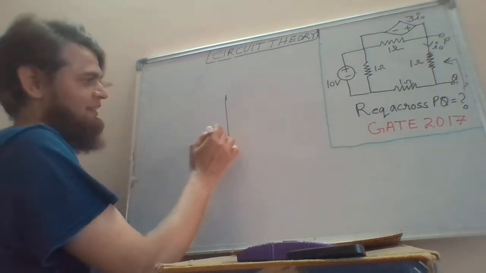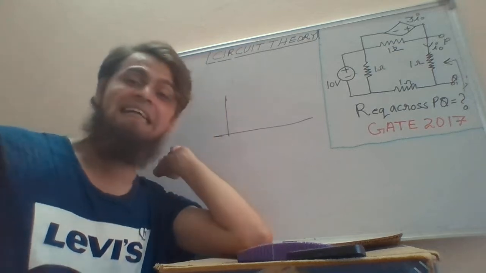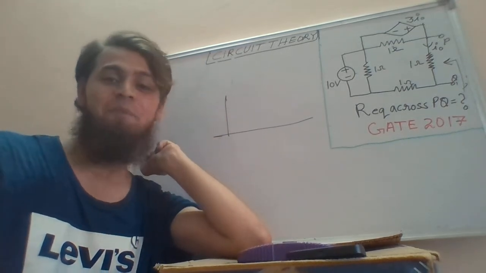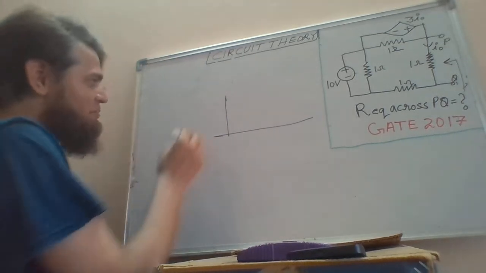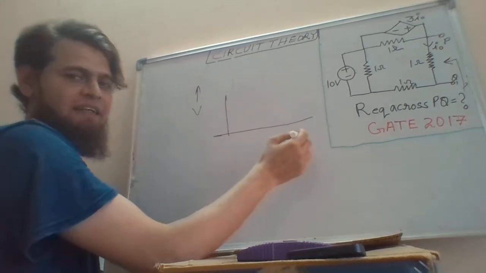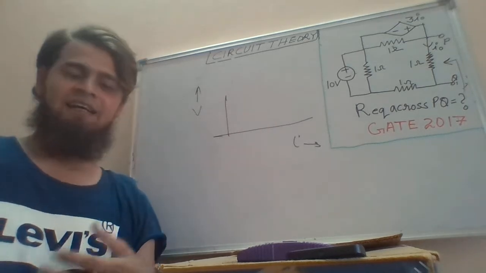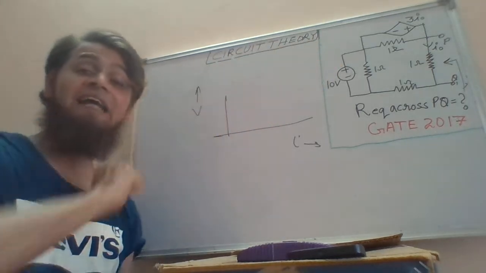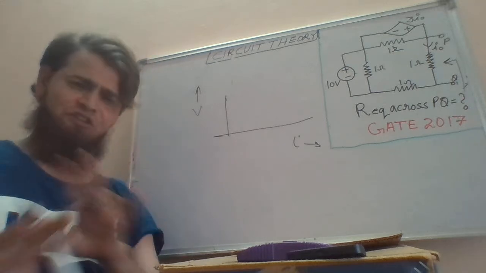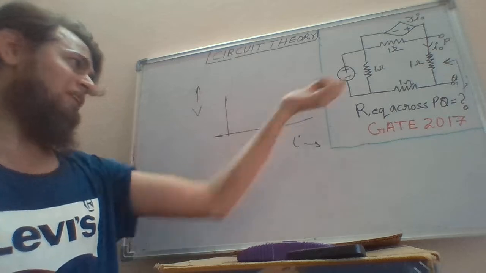So if you want to see the character of this independent battery, let's say this axis is voltage and this axis is current. The battery doesn't care. It's an ideal battery as well. There is no series resistance associated with this battery.